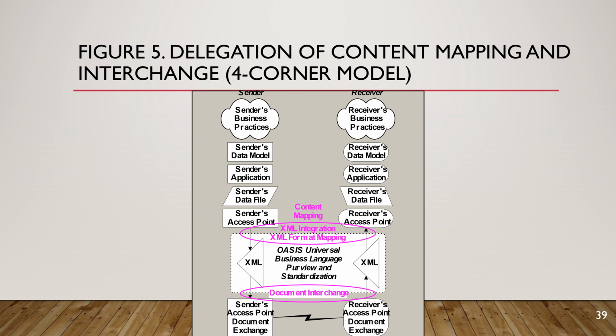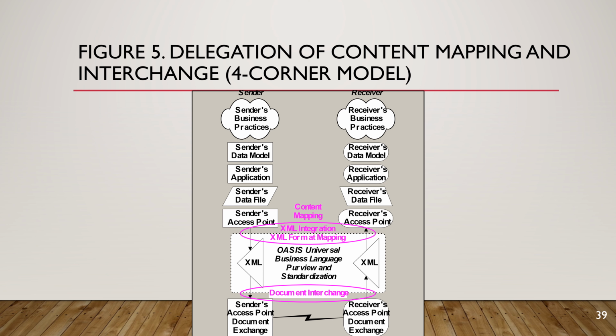The four-corner model says if I'm a sender, I want to work with my file format, with my data model. But I could work with a third party who's able to establish an access point, a sender's access point.